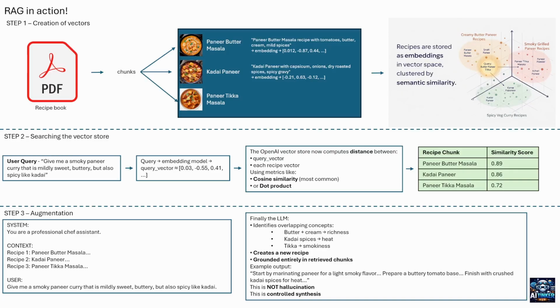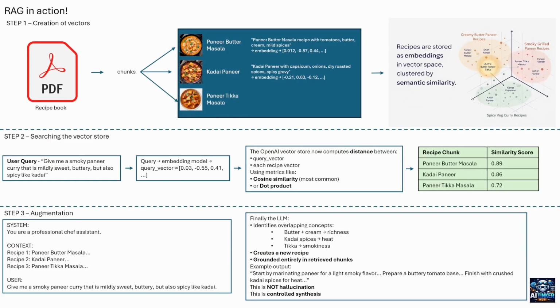Another example: a token for bank will have a different vector representation if it appears near river versus if it appears near money, because both could give bank a very different meaning. This is where the model is taking care of it.